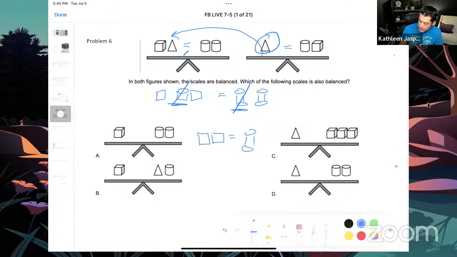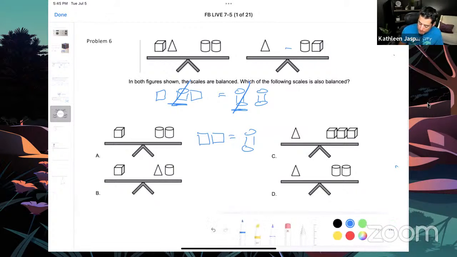So let me erase this, so I understand what I've done. I've taken my triangle and I've put it here because I know triangle equals cylinder and cube. So when I do that, I have cube, cube, cylinder, and then cylinder, cylinder. Cancel those out. 2 cubes equals a cylinder. Clean this up so that you don't get confused. So now how can I substitute, because that's what we're doing.